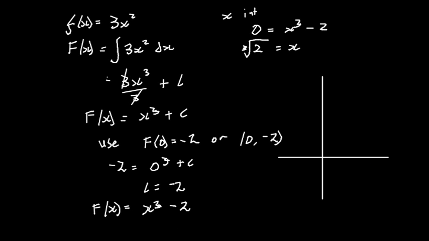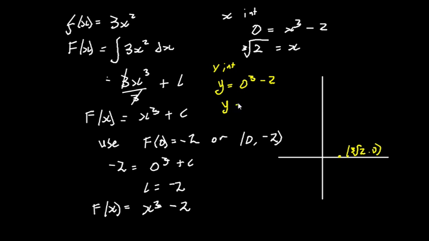So sketching the graph, I have an x-intercept at positive cube root of 2. So that's my x-intercept, and my y-intercept, I didn't work that out, is when x is equal to 0.